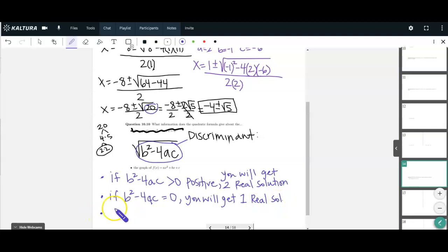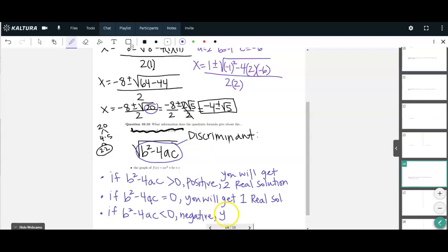And the last thing that could happen is if you have that b squared minus 4ac is less than 0, or it's a negative number inside there. We know when we have a negative inside a square root, those are going to give us imaginary solutions.